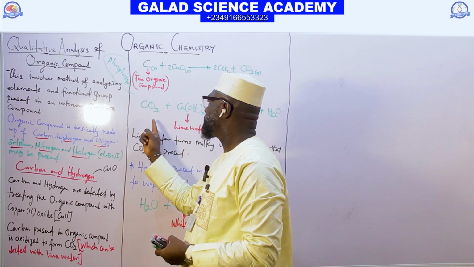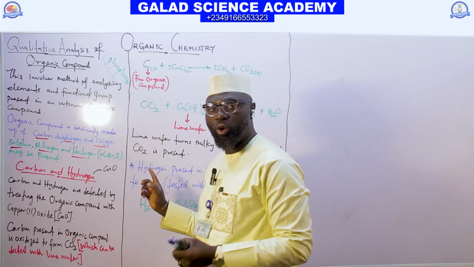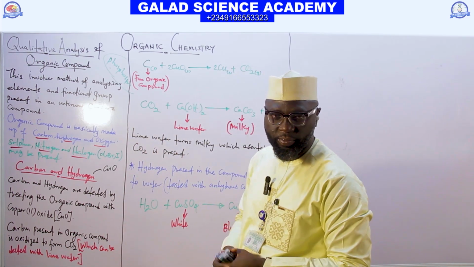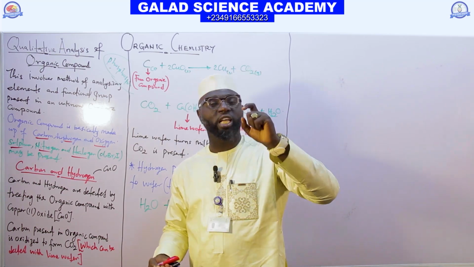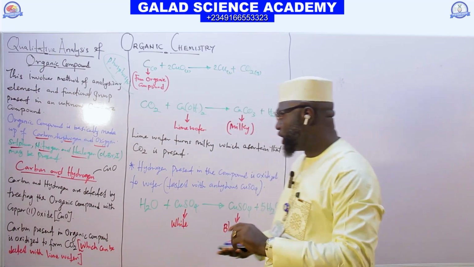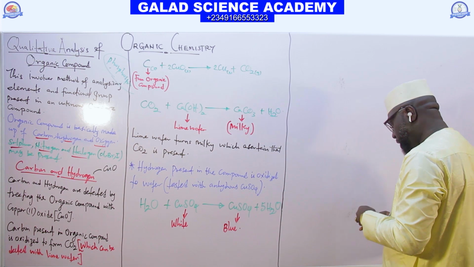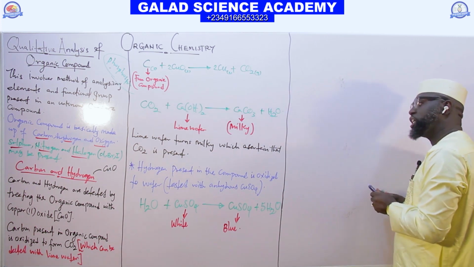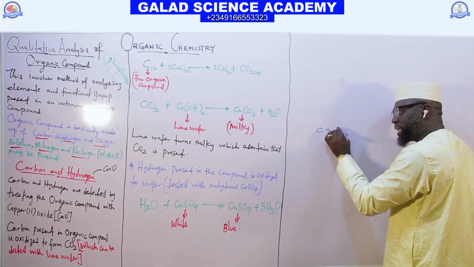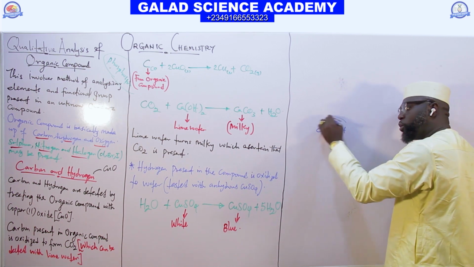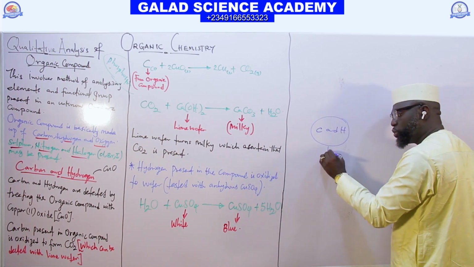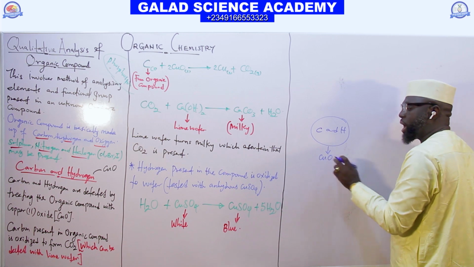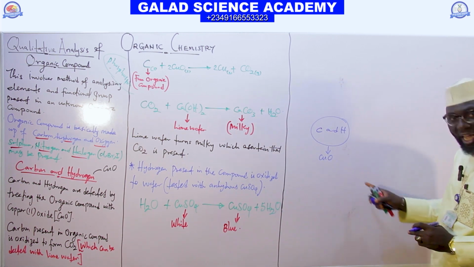carbon and hydrogen. Once again, if you want to test for the presence of carbon and hydrogen in organic compound, what reagent are we going to use? We use copper 2 oxide.